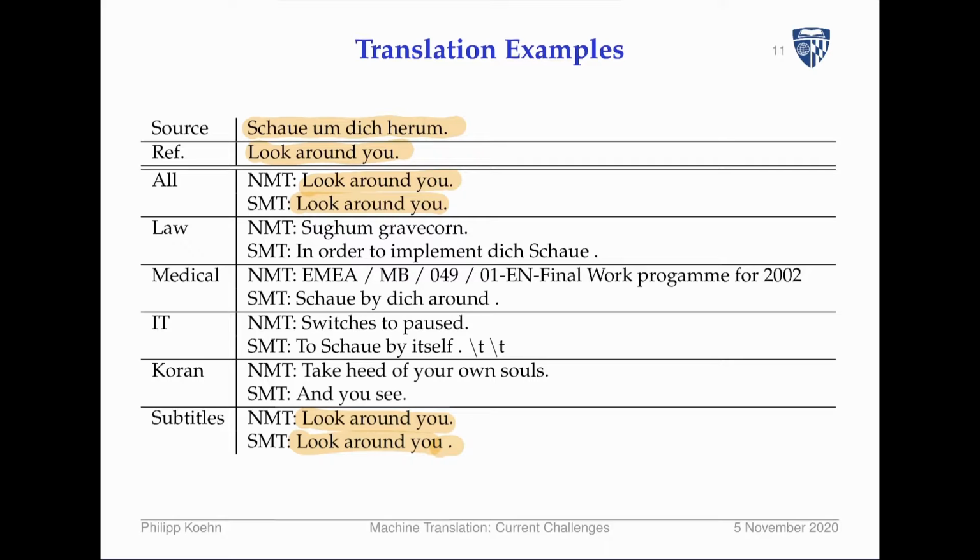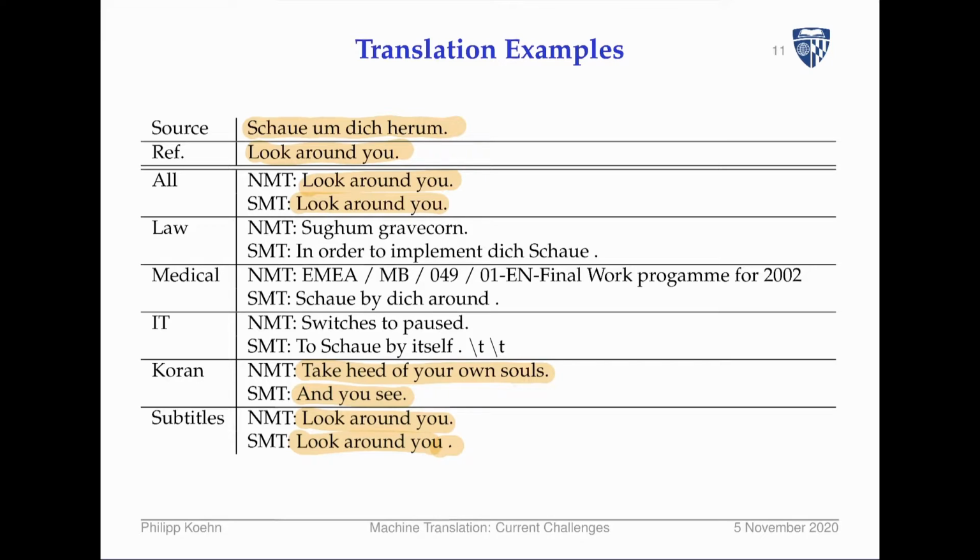Look at the system trained on the Quran: "look" is in there, "you" is in there, but it just models it together, while the neural MT comes up with the output "take heed of your own souls", which is very much in the spirit of the Quran. But it's a bit hard to tell that that has anything to do with the input.